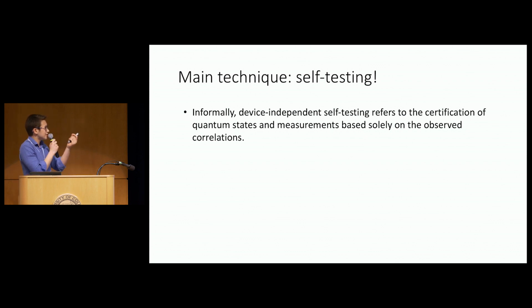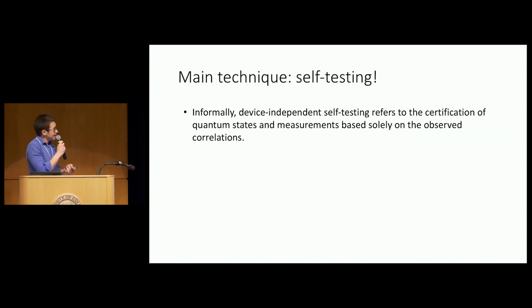The verifier would like to exert some kind of control on the two provers and get some guarantees about which states and measurements they are performing. You can envision that having such a result, as any self-testing result, could be useful in quantum cryptography.